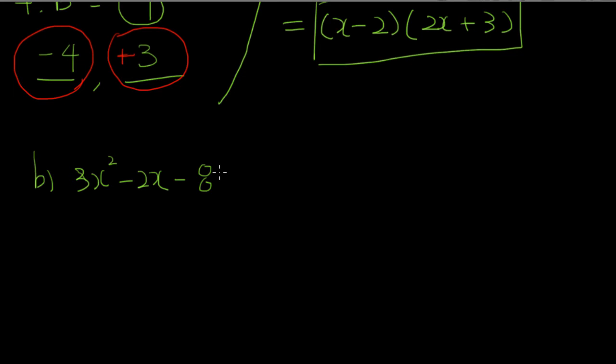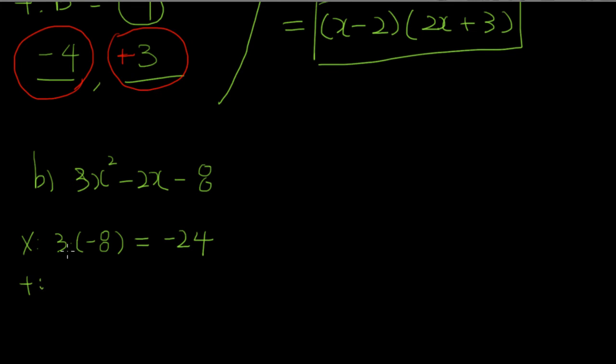Again, you should pause this video and try to do this on your own and check the answer with me right about now. Okay, so multiplication should be 3 times negative 8, AC, right? Which is negative 24.